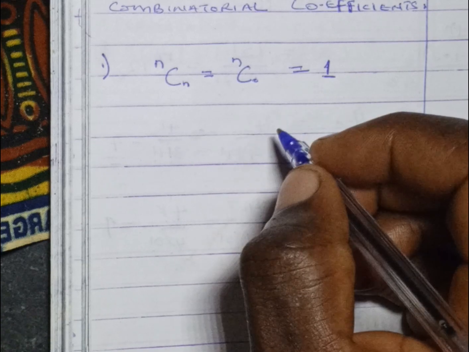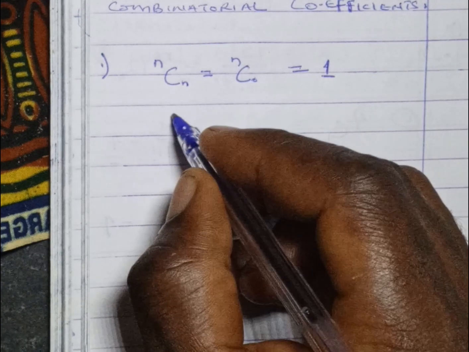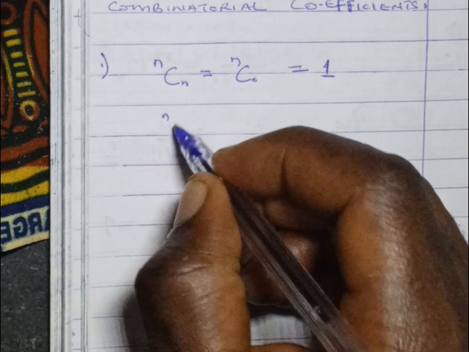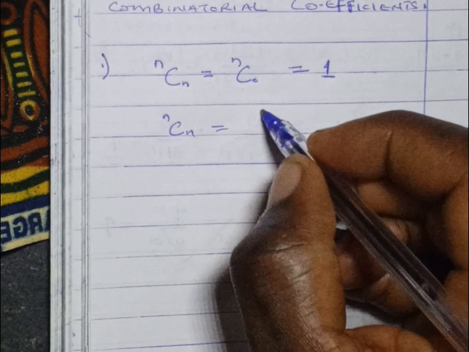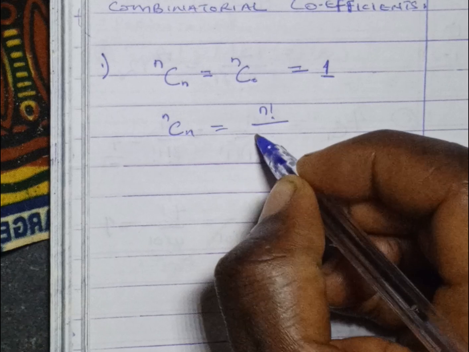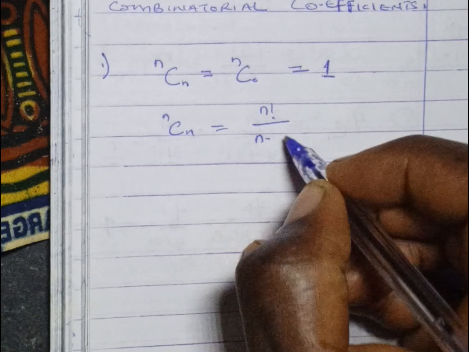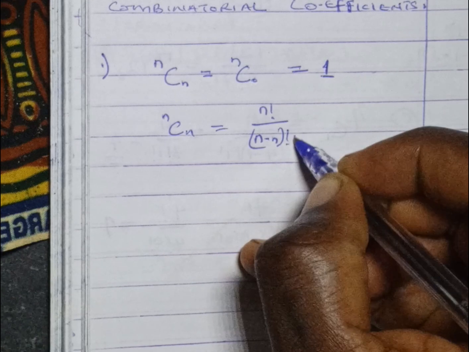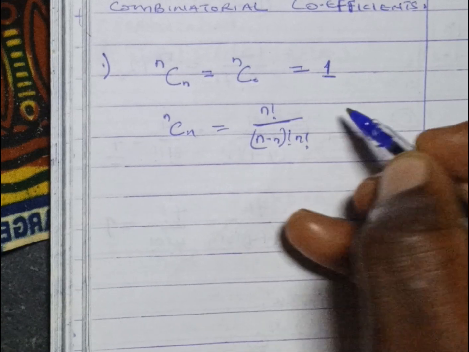It can be proven. So if we have nCn, it's like saying n factorial over n minus n factorial, n factorial.